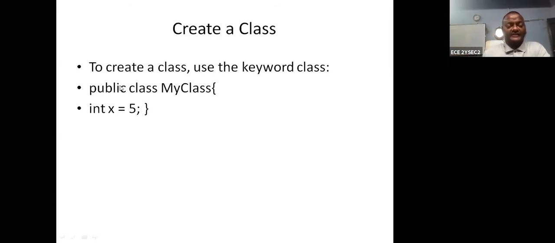So to create a class, the syntax is: this is public, the modifier, this is the class type, and this is the class name. The rule for the class name is that it is a noun, and a noun always starts with a capital letter. Next, these are called attributes, for example integer x is equal to 5.